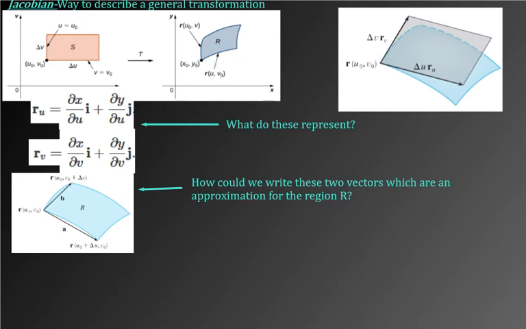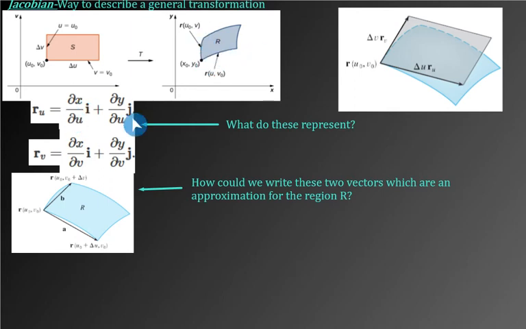We've seen this before when we did tangent planes and stuff, if you want to be thinking on the infinitesimally small scale here. And so these are just tangent vectors which basically approximate this little chunk really well.